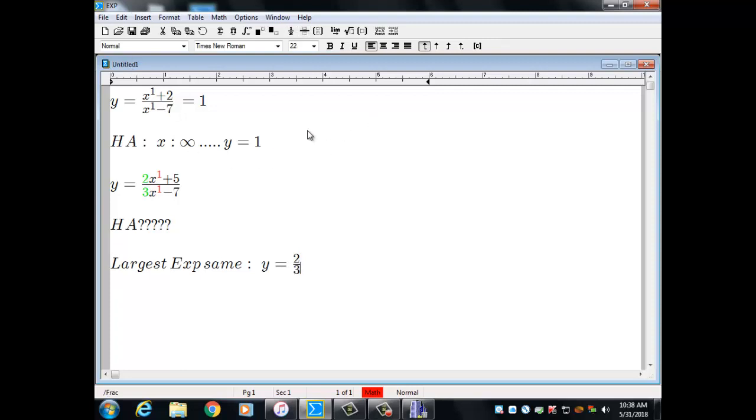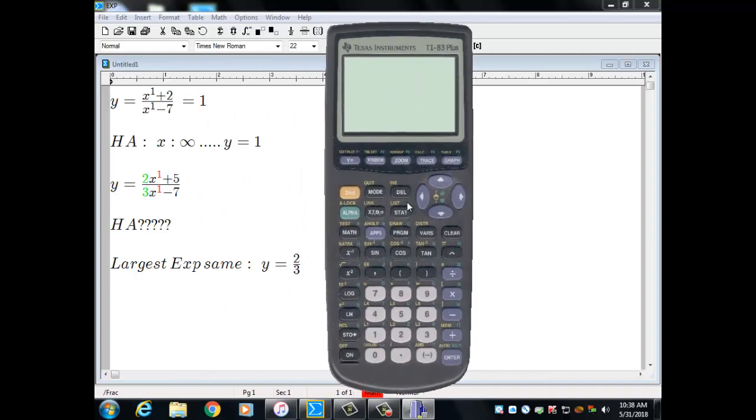Okay. Now, why is that? If I take 2 times, let's say 100,000 plus 5, and we're going to divide that by 3 times 100,000 minus 7, right?